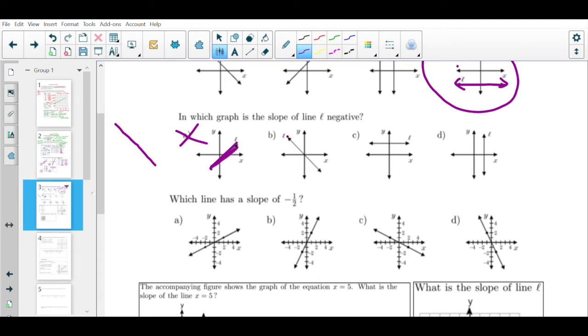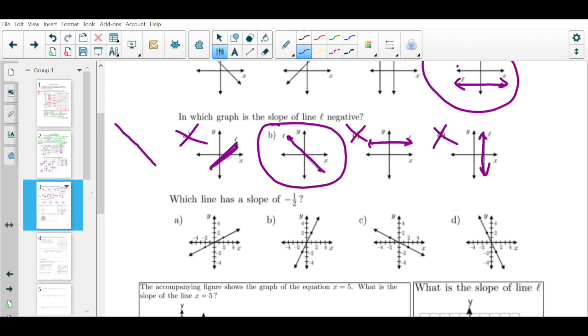B has a slope that's going down, so your negative slope is letter B. Let's look at the rest. Letter C is a horizontal line, so that is not a negative slope, and this one is a vertical line, and that is not a negative slope.